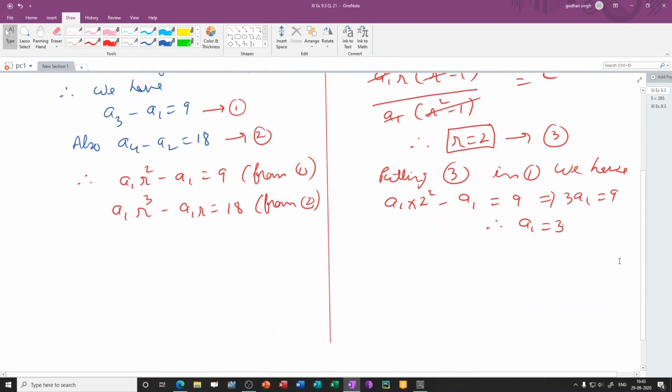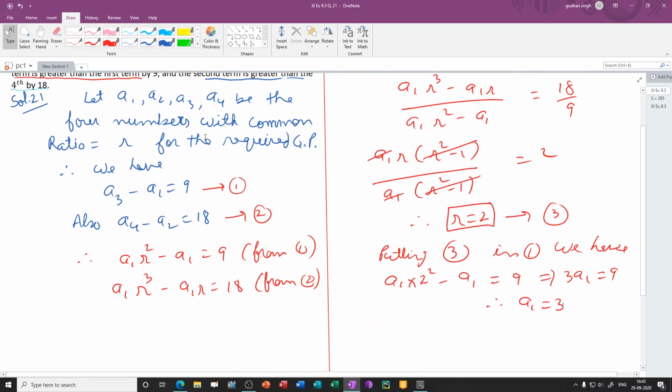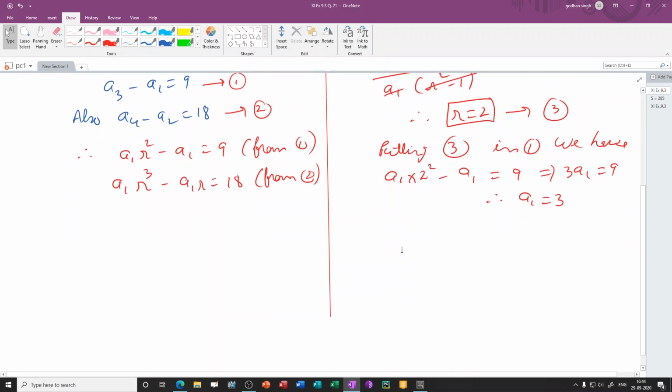Now what we have got is A1 equal to 3, and what we have to do in this particular question is find the 4 numbers forming a geometric progression. So we will be finding A1, A2, A3 and A4. We have A1, we have R, so it is simple now. Therefore the required GP is A1, A1 R, A1 R square and A1 R cube.